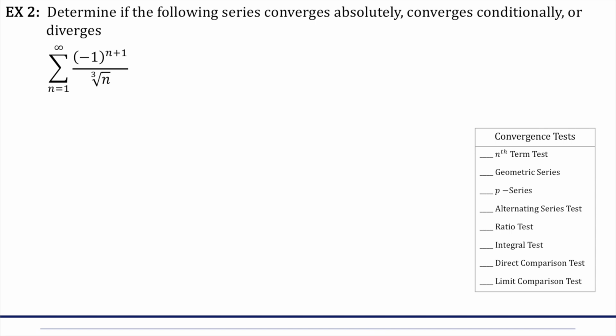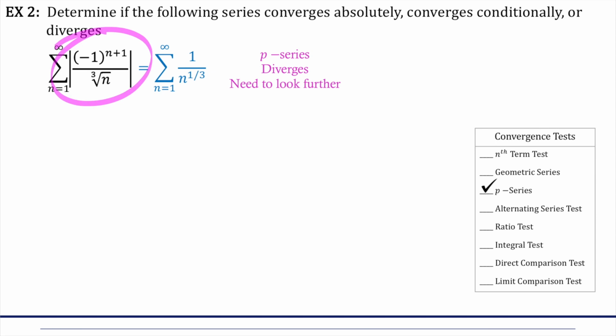Okay, let's try that again. We're going to take the absolute value of our series here, and we'll have 1 over n to the 1/3. Okay, so that's a p series, and it diverges because p is less than 1. So we need to look further. Let's go back to our alternating series, and we'll employ the alternating series test.